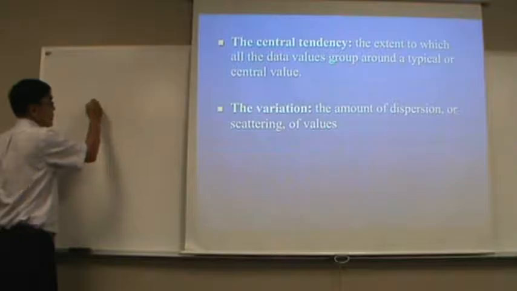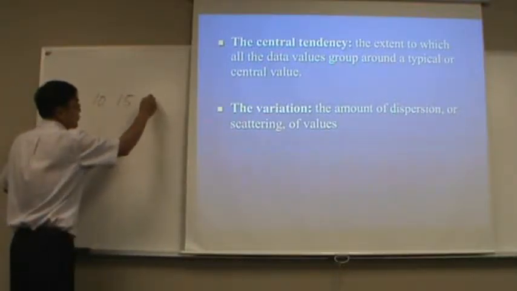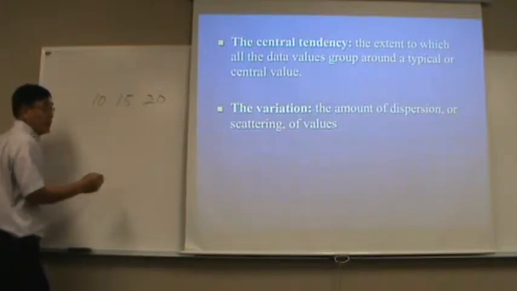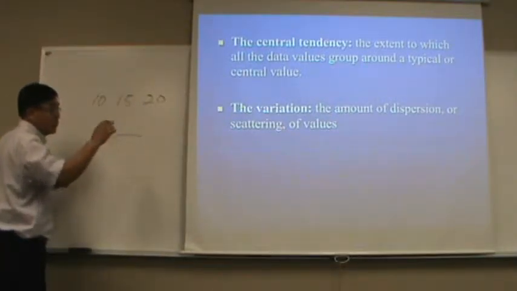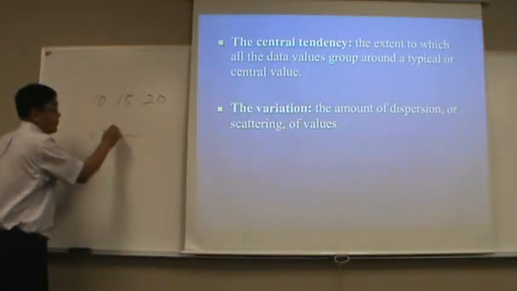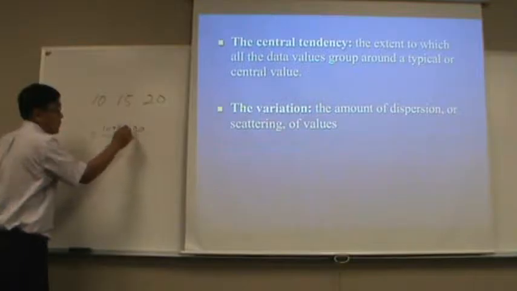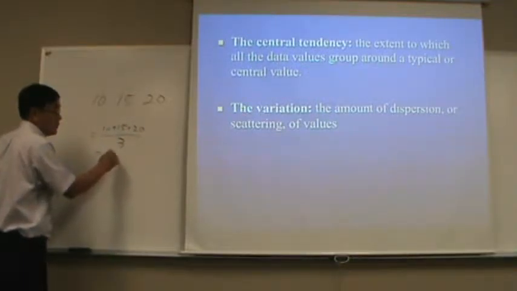If data is like 10, 15, 20, the average is, later we'll do this one, 10 plus 15 plus 20 divided by 3 equals 15.